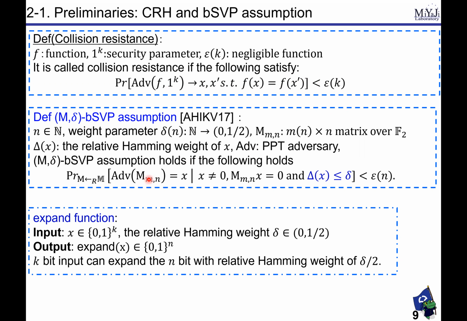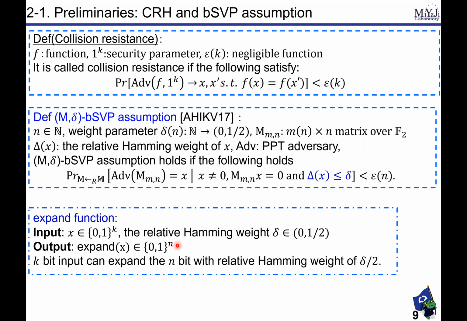The adversary is given the matrix M and outputs X, which satisfies M times X equals 0. If the probability that the adversary outputs X is negligible, we say the M delta bSVP assumption holds. And here, X has a restriction that the relative hamming weight of X should be smaller than delta.